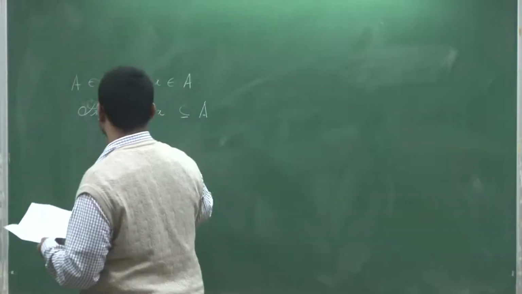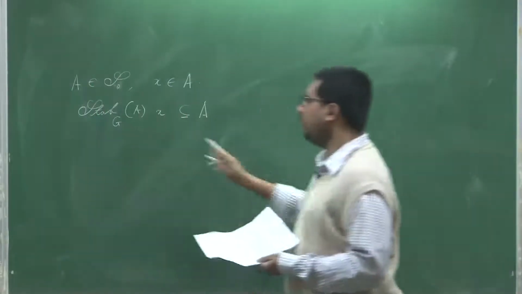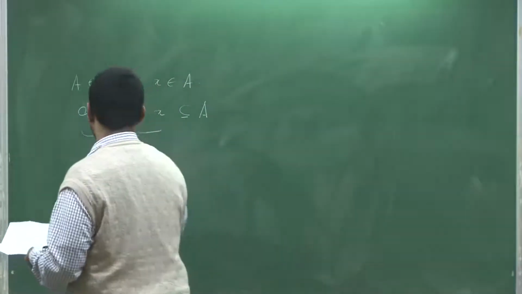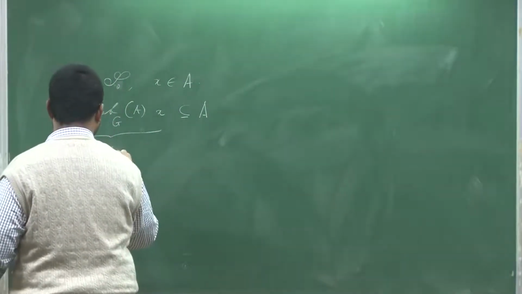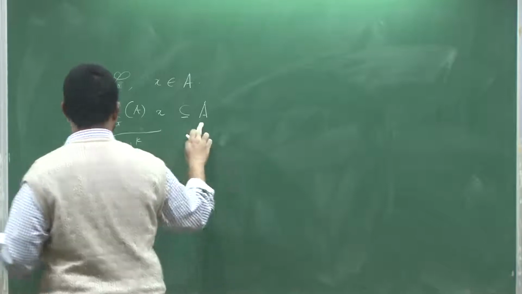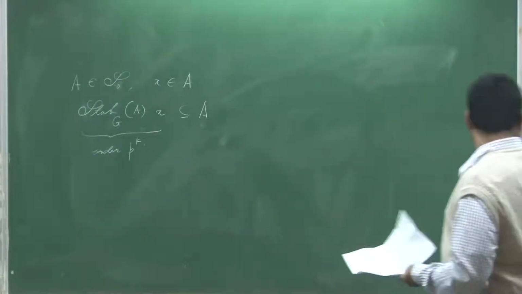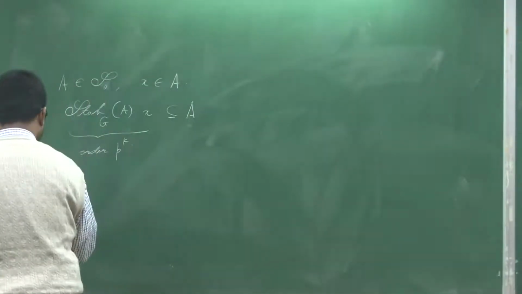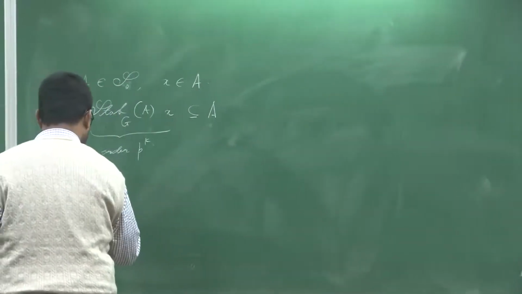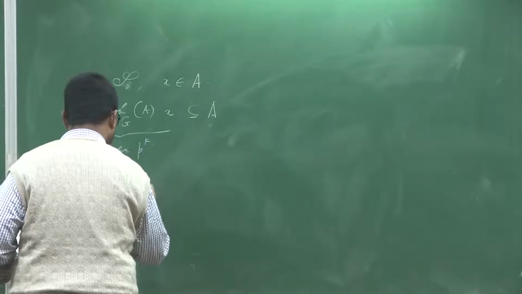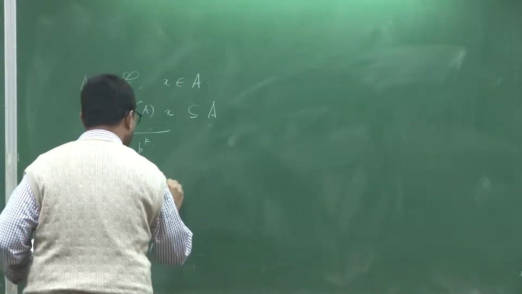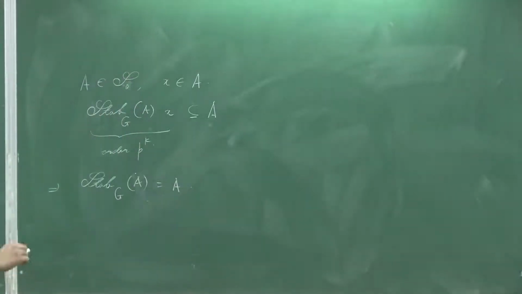Now this coset has order p to the power k, and A is also having order p to the power k, therefore we must have equality here.